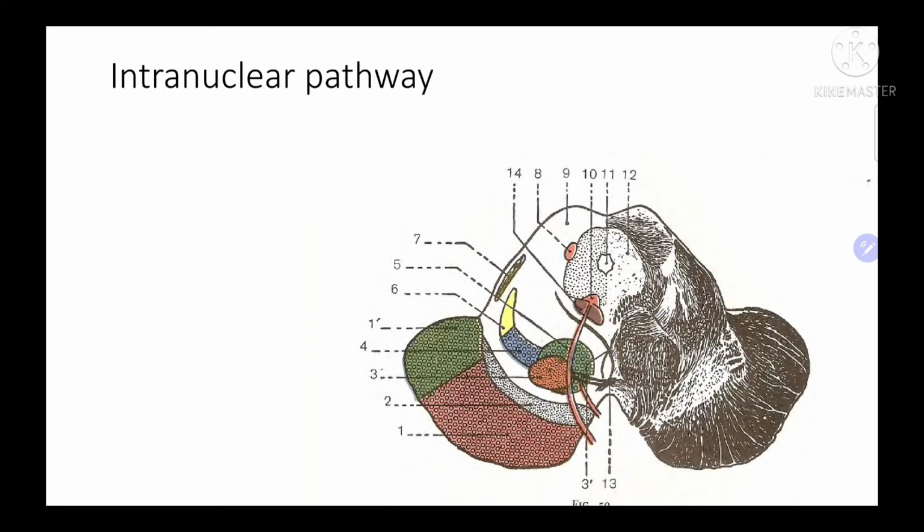So in the beginning, we see the aqueduct here. We see the cerebral aqueduct, and remember the pre-aqueductal gray matter. Good.